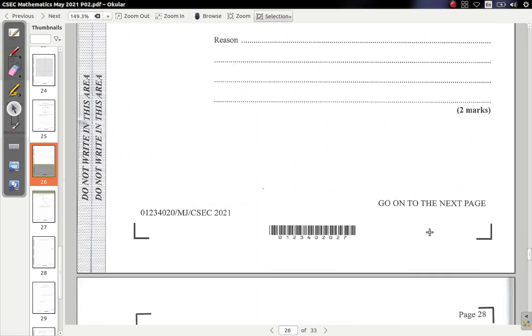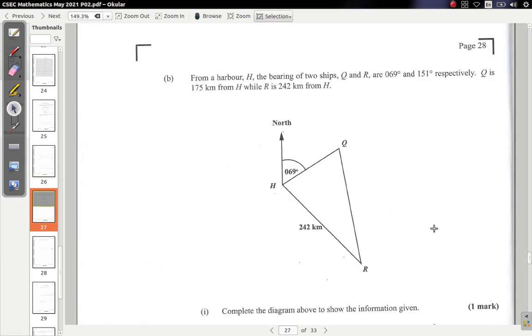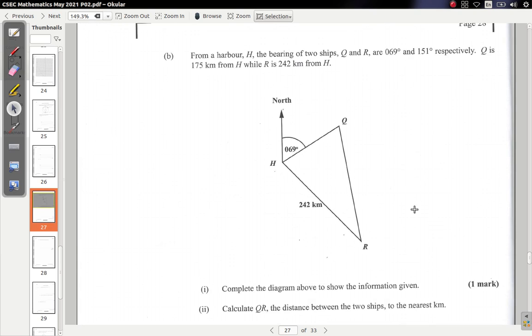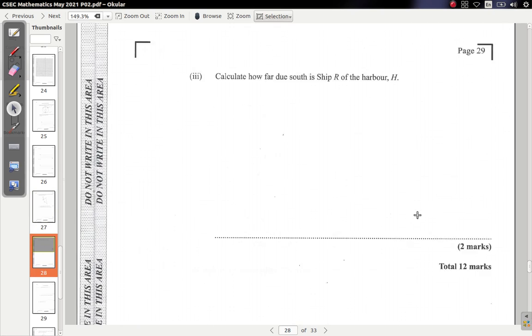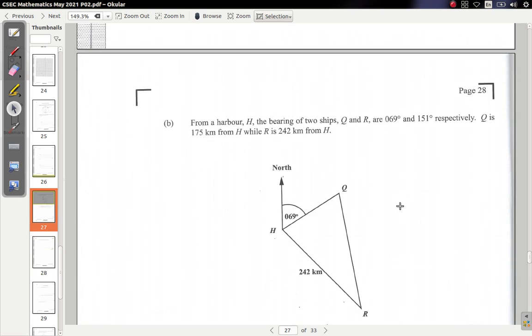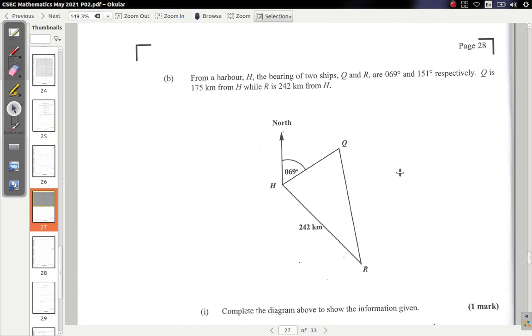Let's see what else they say. Oh, after that you have part B. Let me see what they say in part B. From a harbour H, the bearings of two ships Q and R are 069 degrees and 151 degrees respectively. Remember you write 3 digits when it comes to bearings.